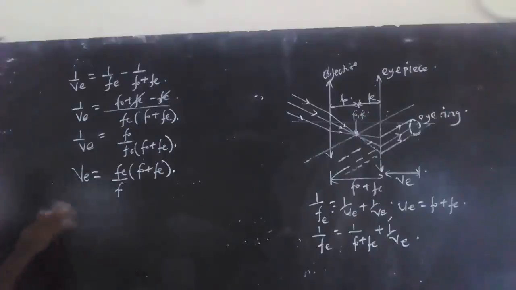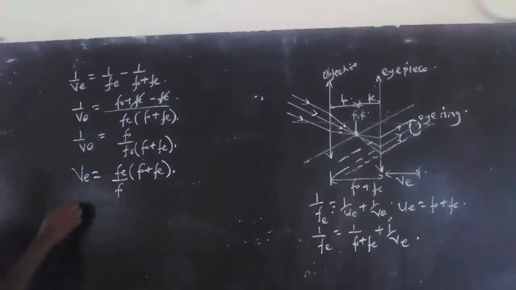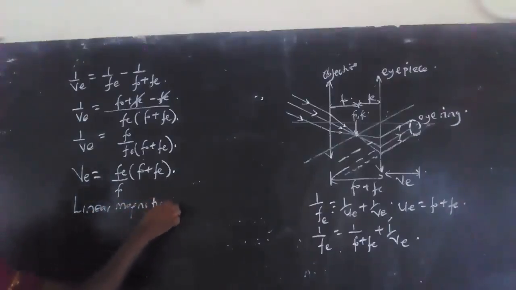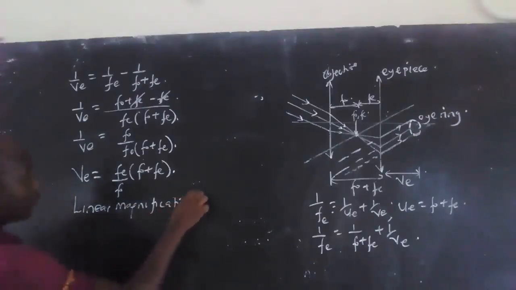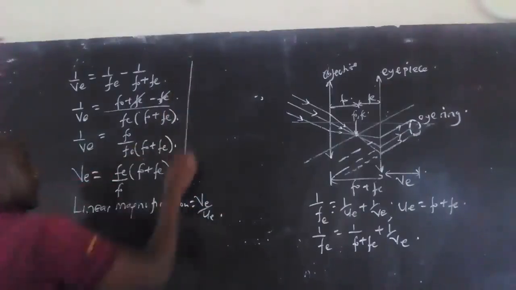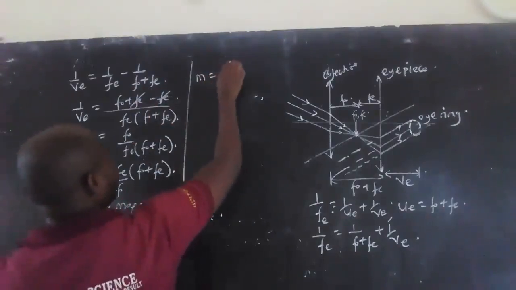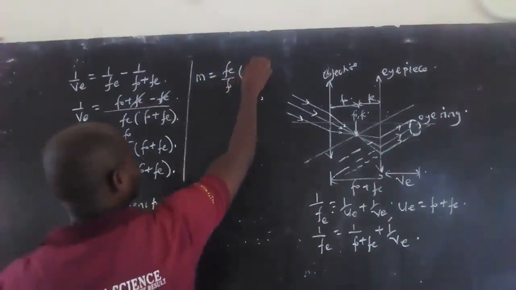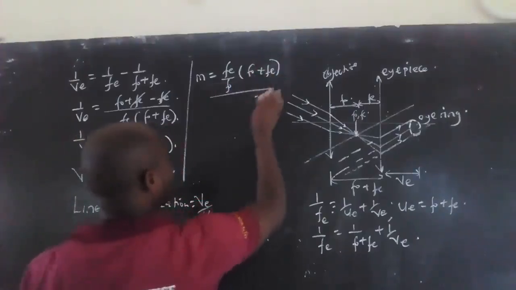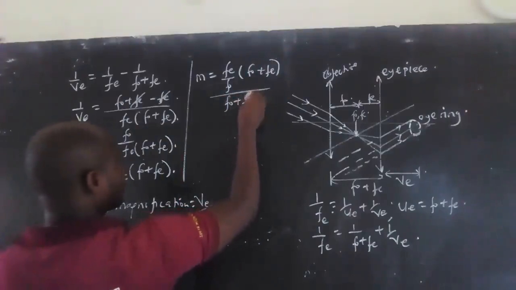Okay? But from here, we can get the magnification of the eye ring. So the linear magnification equals VE over U. So we shall now have VE as this one, FE over F naught into F naught plus FE, divided by F naught plus FE as our UE.